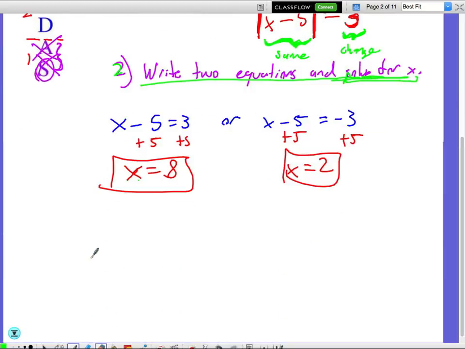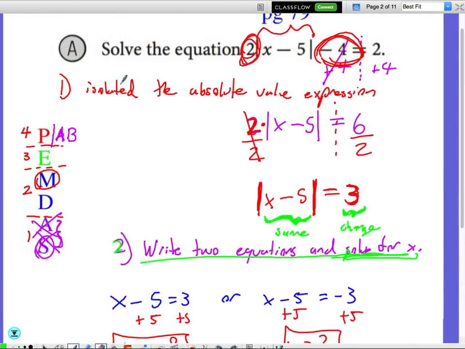And the last thing I want to do is just graph them on the number line. So here 2 would be right here, and then 8 would be right there. That's it. You just have to follow those 2 steps. Isolate the absolute value. That means get rid of everything outside of those vertical lines. Don't focus on the other side of the equal sign.